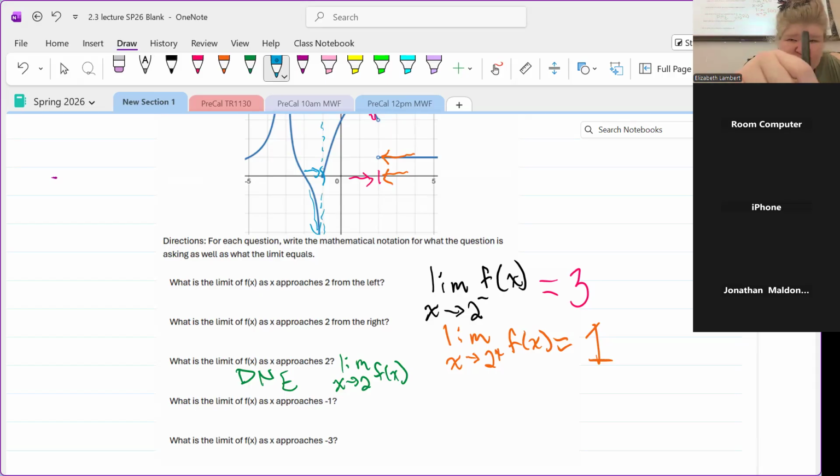What do we call it when it shoots down like that? Yep. So on the left side, it's going to negative infinity. But what's the graph doing on the right? It's coming in for a landing at 0.